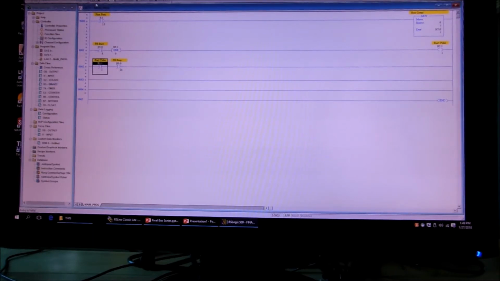Now this, we're going to latch around. We have to latch around our start pulse because our start pulse is only going to be very short.